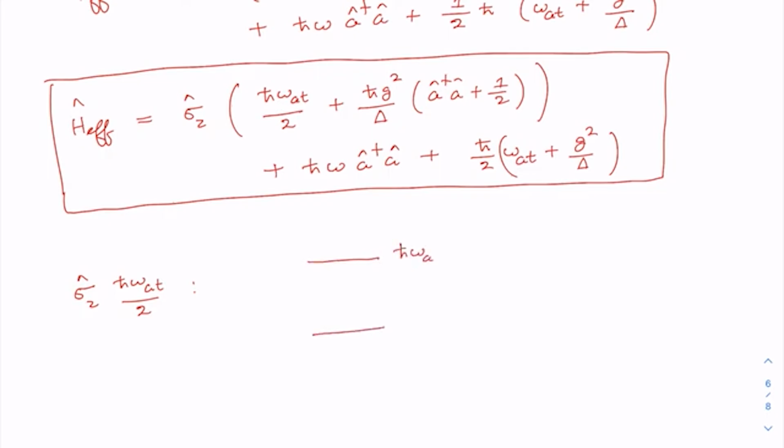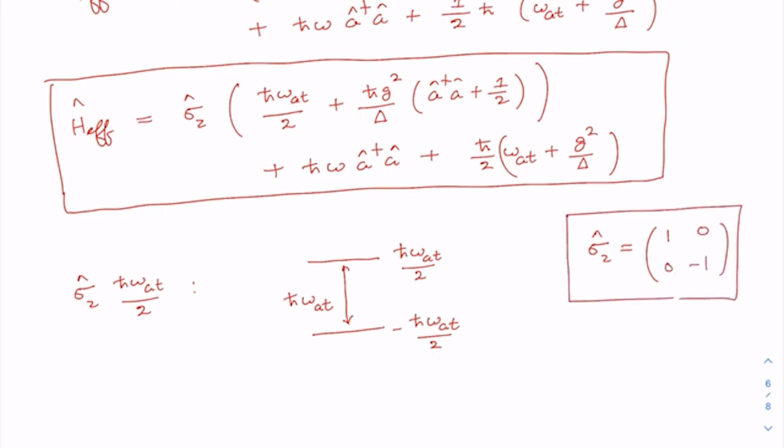The excited one is h cross omega atom by 2 and the ground one is minus h cross omega atom by 2, and they are separated by a frequency omega atom, or energy difference h cross omega atom. In fact, you know that sigma z in matrix form is 1 0 0 minus 1. So this clearly shows the significance of this particular term.